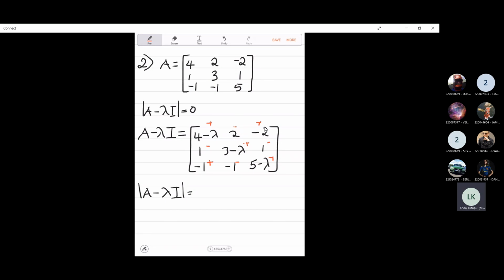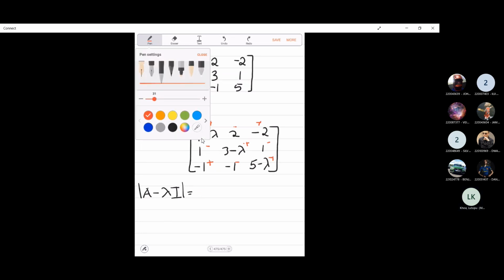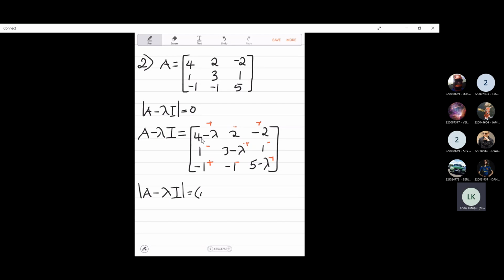Our determinant will be positive this term, which is 4 minus lambda, and then we remove the row and the column that the term we took is in, and look at the matrix that is left. Then work out the determinant of that matrix, which is the product of that diagonal minus that diagonal.